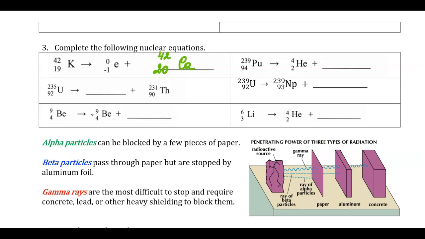Okay, so uranium, and the degradation product is thorium. So 2. Why 2 here? Because I need 92 on the right side of the equation here, and 4 here, that gives us an alpha particle or helium.